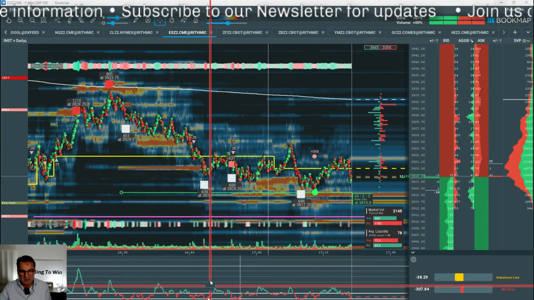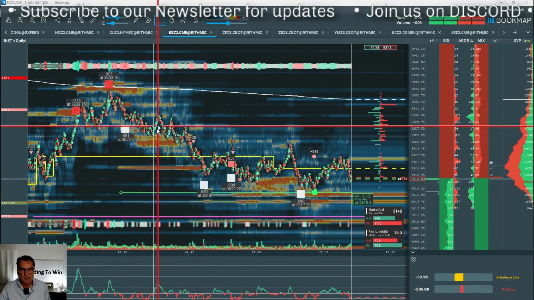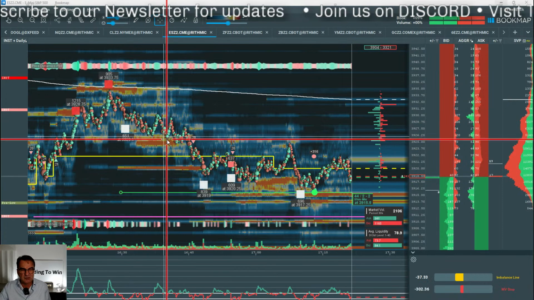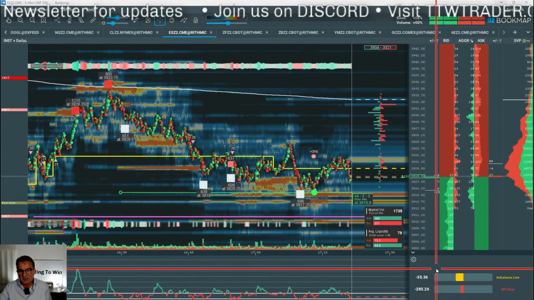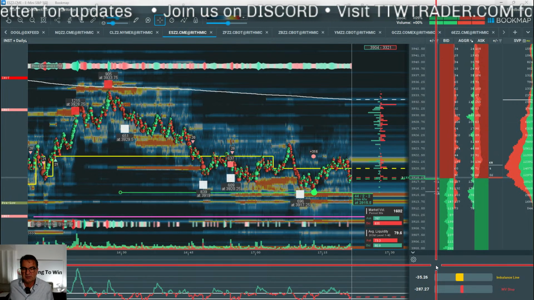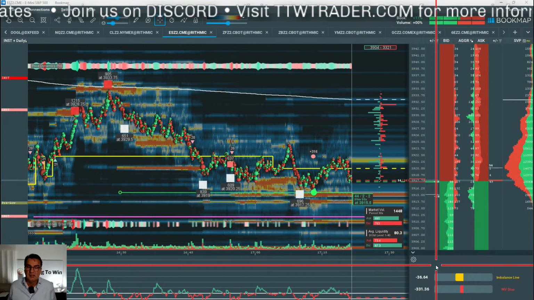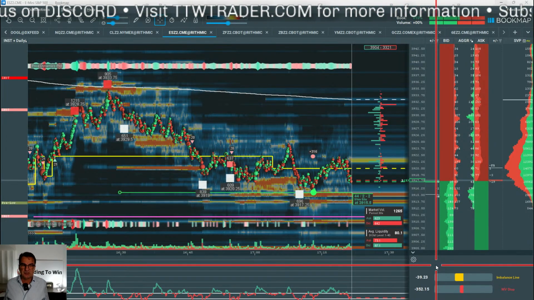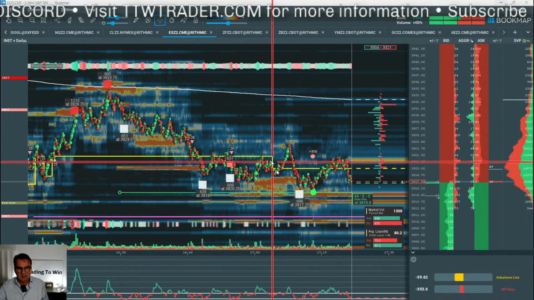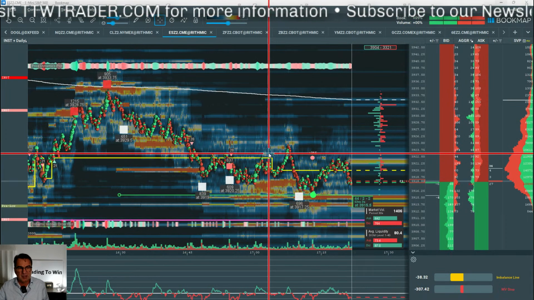A very colored chart, with numbers, with triangles, with rectangles, with whatever you have. I think it is not helpful to have that much information on your chart, because it leads to more confusion for yourself, and you should have a clear picture of the market.